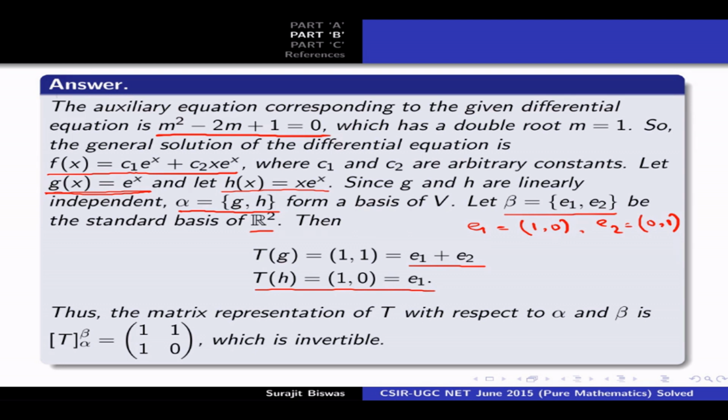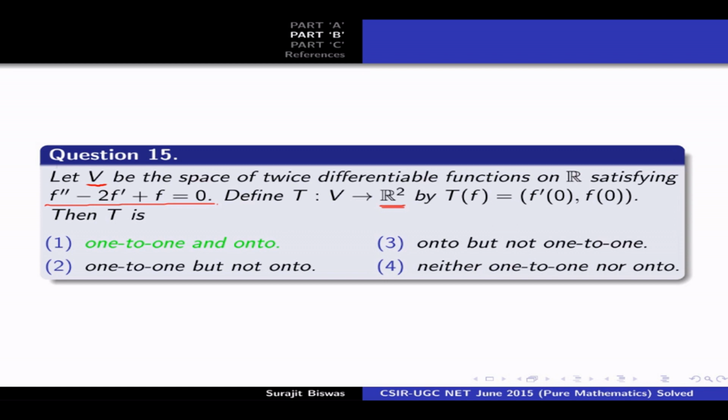Thus the matrix representation of T with respect to the bases alpha and beta is [T] = [[1, 1], [1, 0]], which is invertible. Because this is invertible and each of V and R^2 is of dimension 2, T is both 1 to 1 and onto. So here the correct option is this.